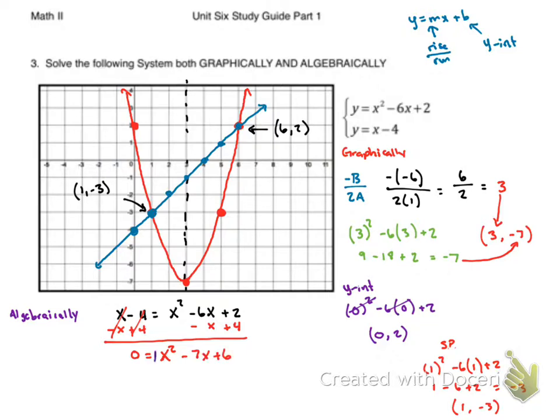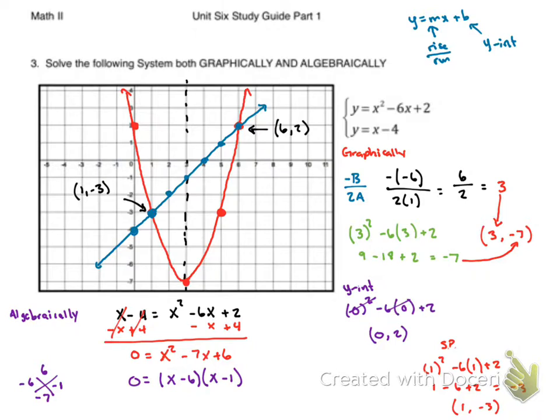Now that a is 1, we can go straight to doing our diamond method. What multiplies up to 6 and adds to -7? We're looking at -6 and -1. So our two factors: x minus 6, x minus 1 equals 0.